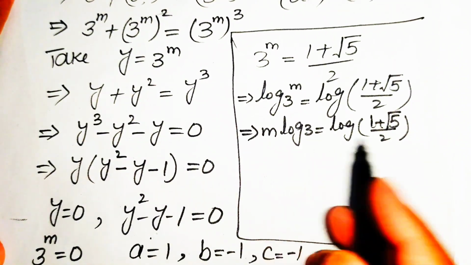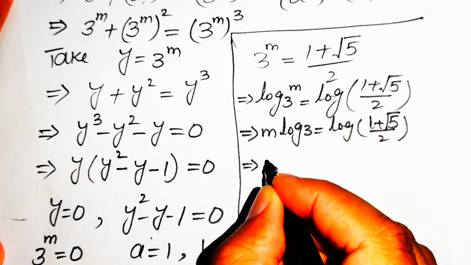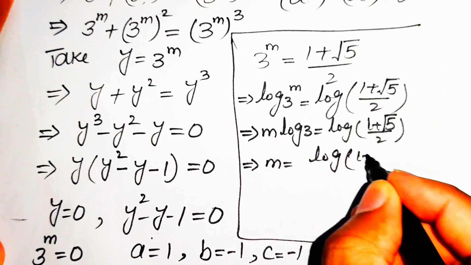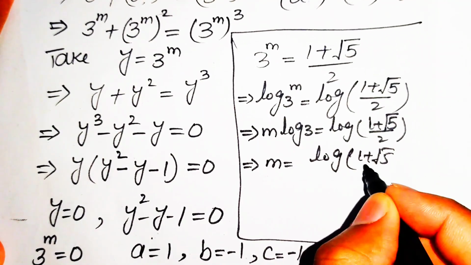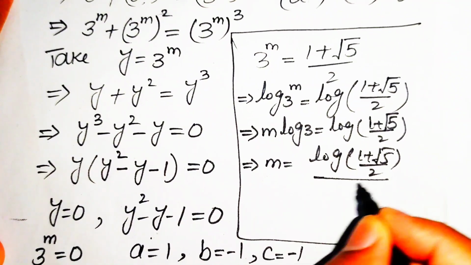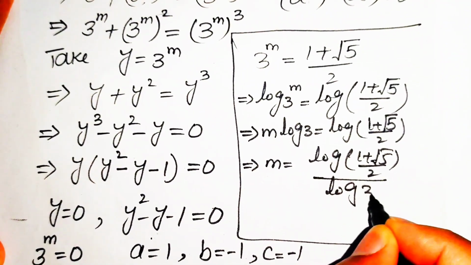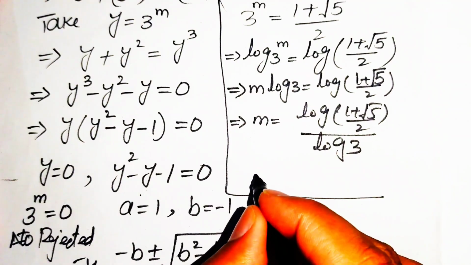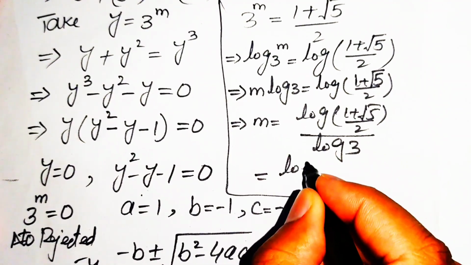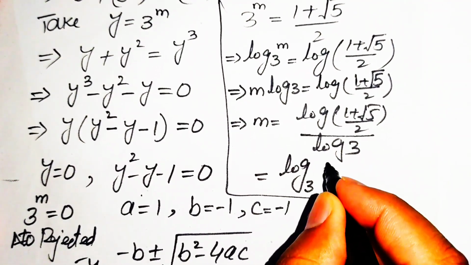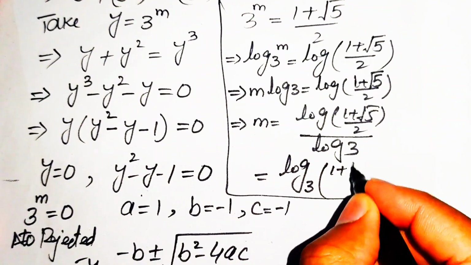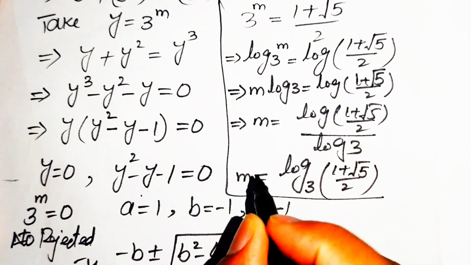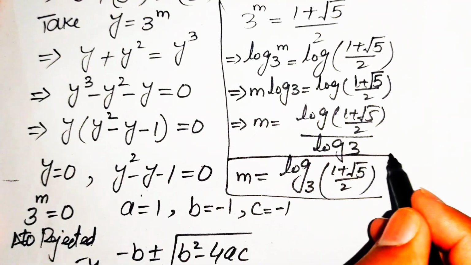So here we move this log 3 to the right hand side, and it will be written as m equals log of 1 plus square root of 5 over 2, divided by log of 3. And here we rewrite this expression in this form as log base 3 of 1 plus square root of 5 over 2.